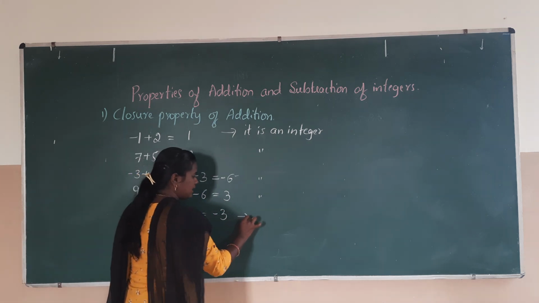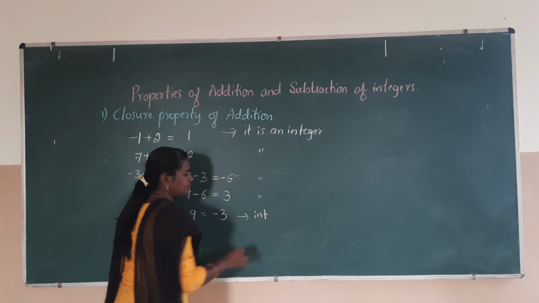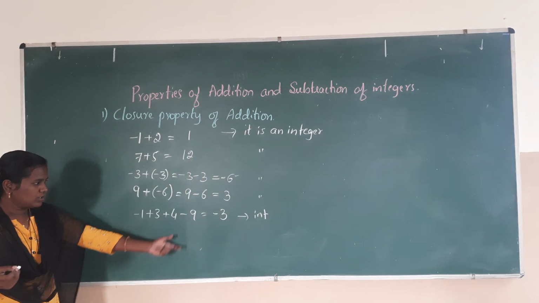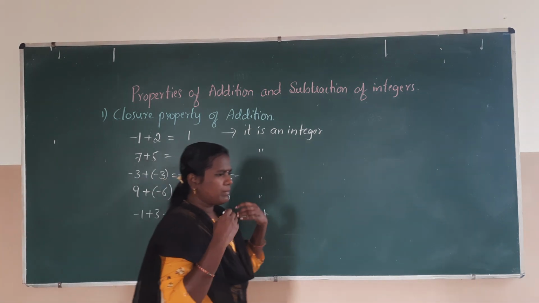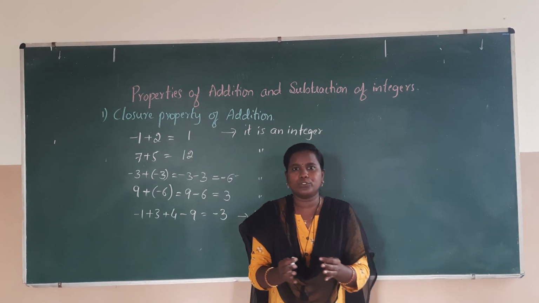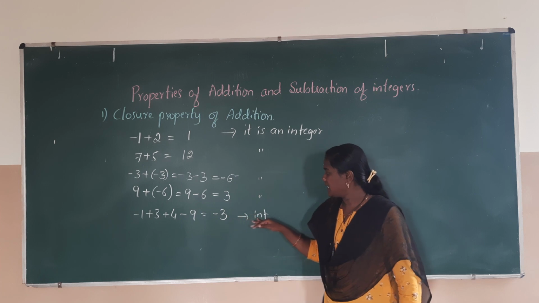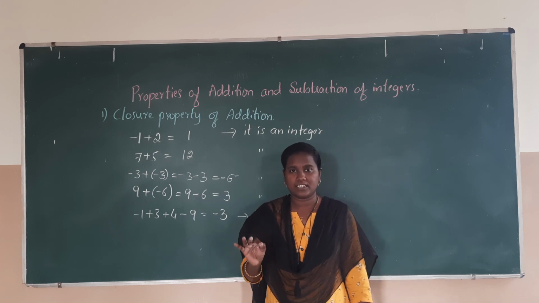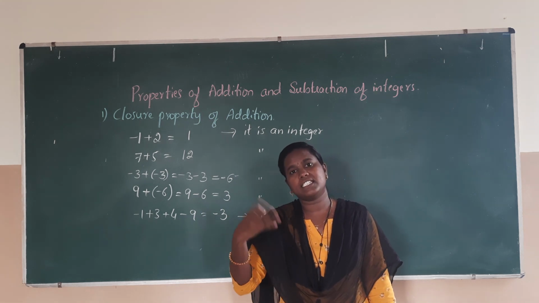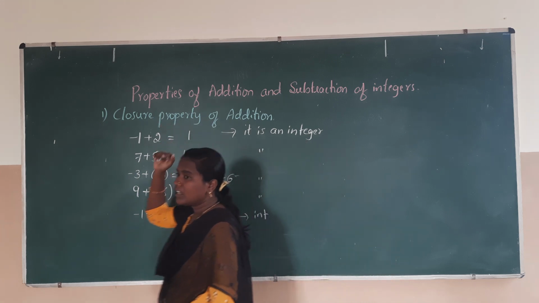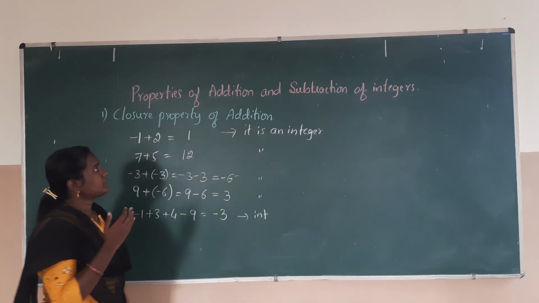Yes, -3 is an integer, right? So you can take many integers, and if you get the sum of those, you get that the sum of any integers is again an integer. That is nothing but the closure property of addition.